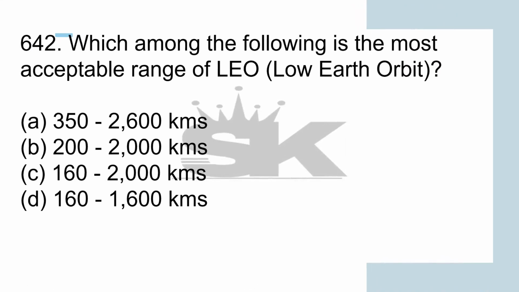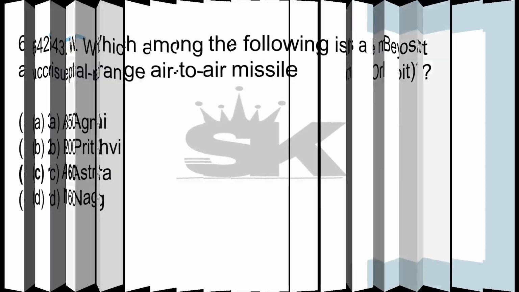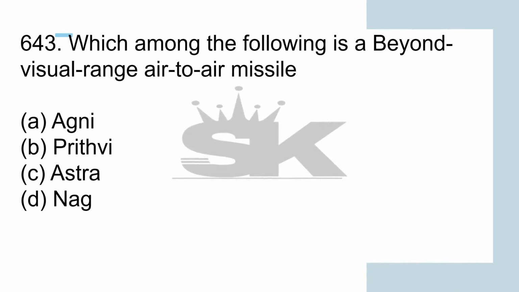Which among the following is the most acceptable range of low Earth orbit? That is 160 to 2000 kilometers. Which among the following is a beyond visual range air-to-air missile? That is Astra.